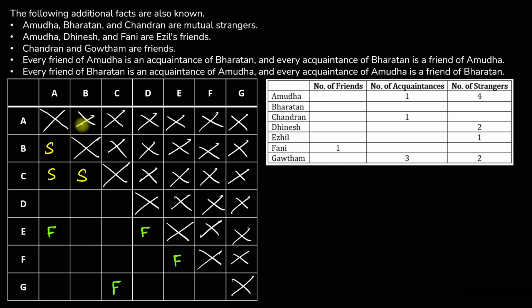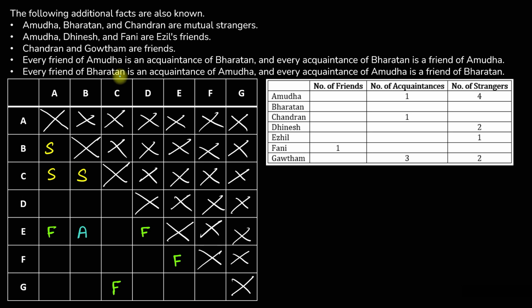Fine. Next, every friend of A is an acquaintance of B and every acquaintance of B is a friend of A. Okay. So someone who is a friend of A is also an acquaintance of B. So if E is a friend of A, E will be an acquaintance of B. Okay.